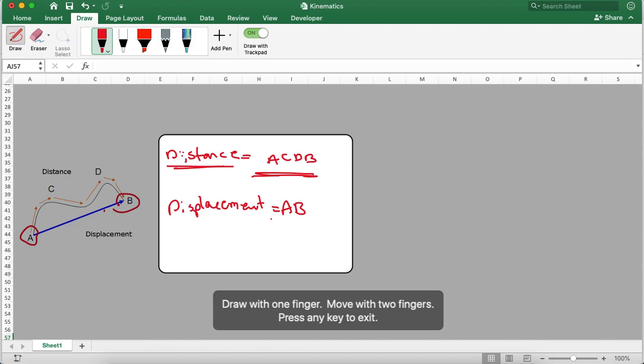Once again, the distance is the total length followed by the object, and the displacement is the shortest distance between the starting point and the ending point.